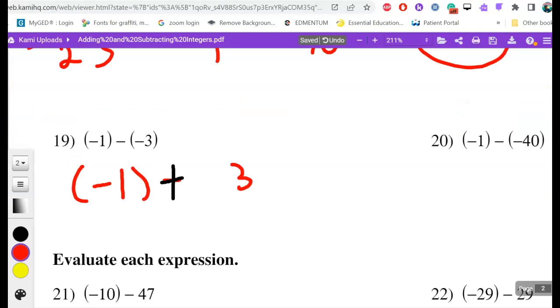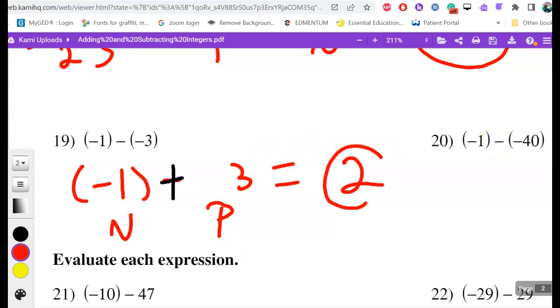I have a negative plus a positive. What do I do when I have a negative plus a positive? We subtract, find the difference. The difference between 1 and 3 is 2. Keep the sign of the larger digit. What's larger, a negative 1 or 3? Remember, follow the digit. The 3 is the larger digit. That 3 happens to be positive, so my answer stays positive.